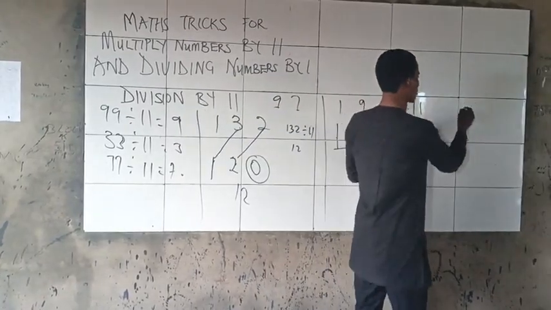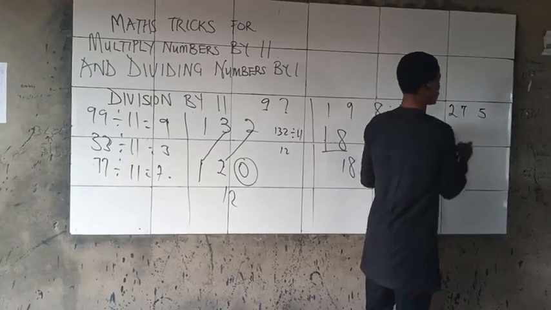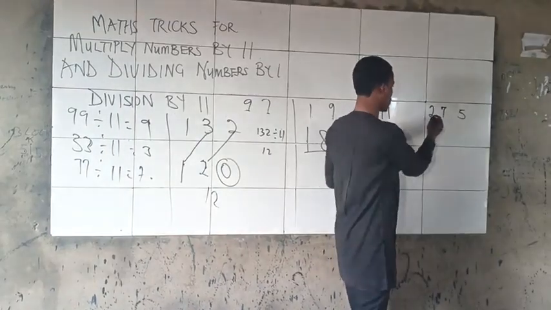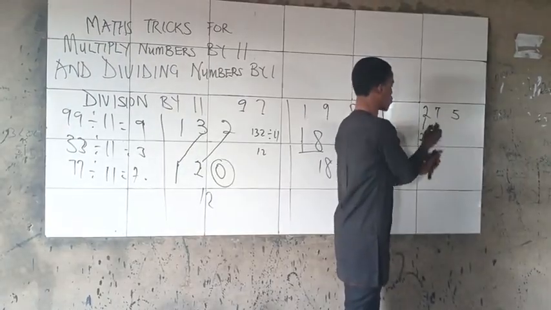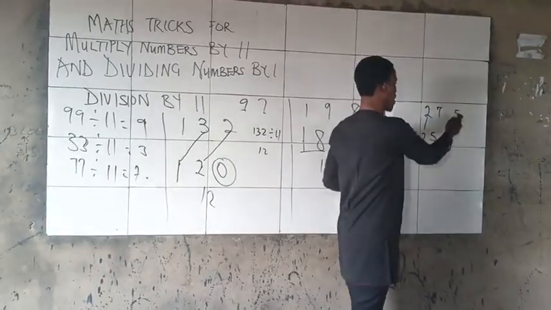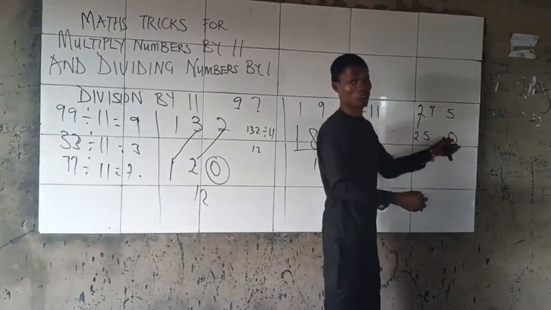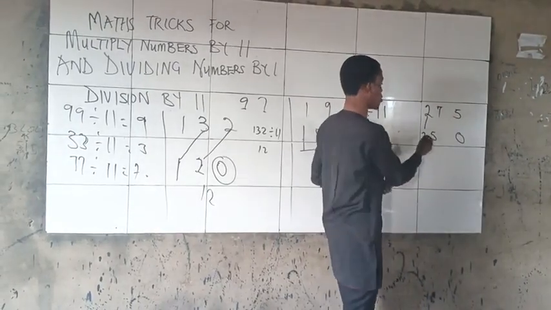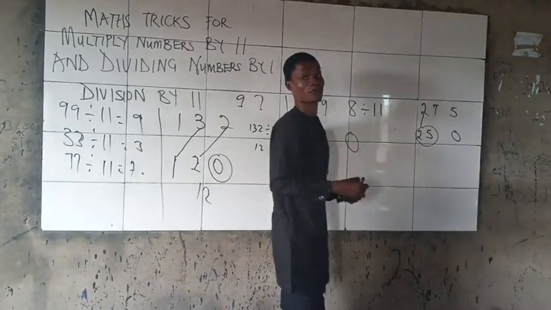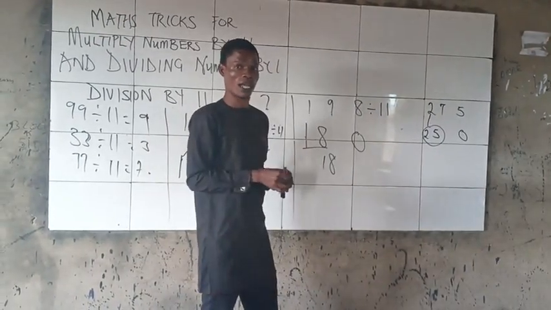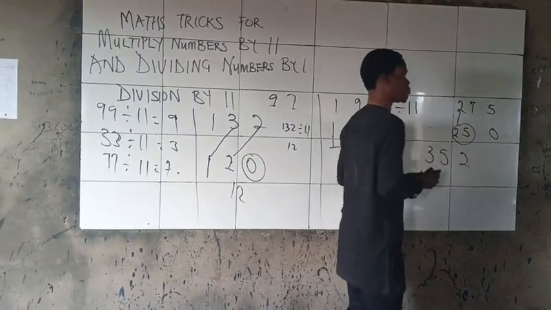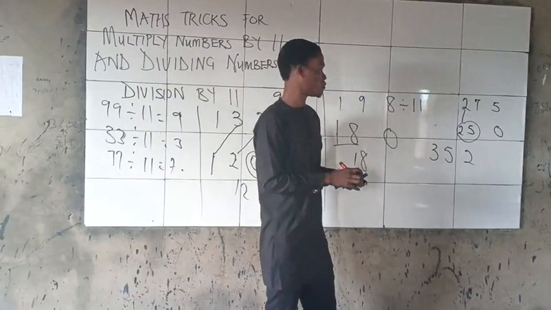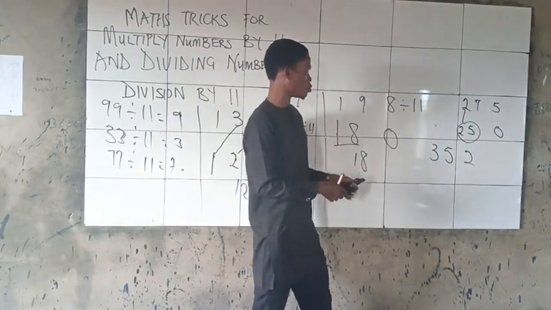How about 275? Bring the 2 down. 7 minus 2 is 5. 5 minus 5 is 0. That shows it is a multiple of 11. The answer is 25. Are we together? How about 352?